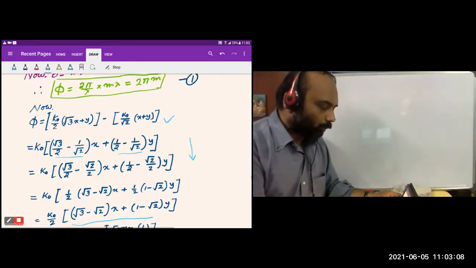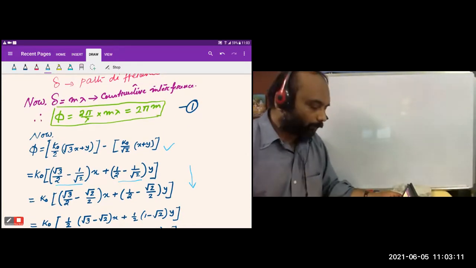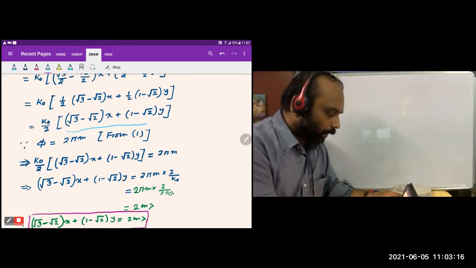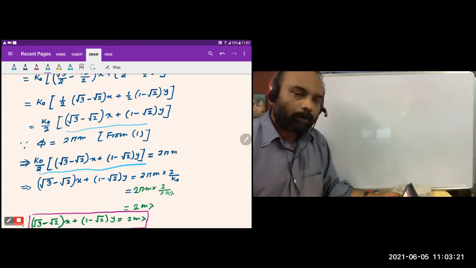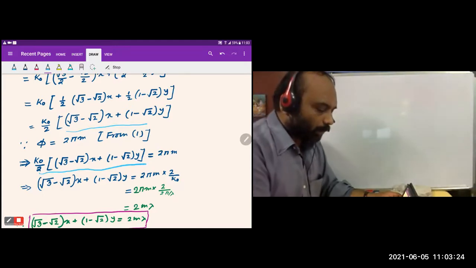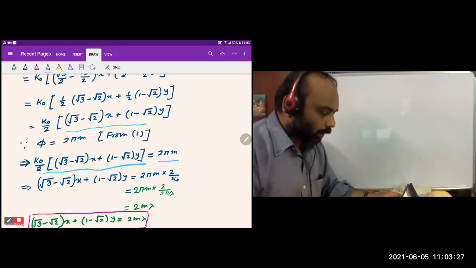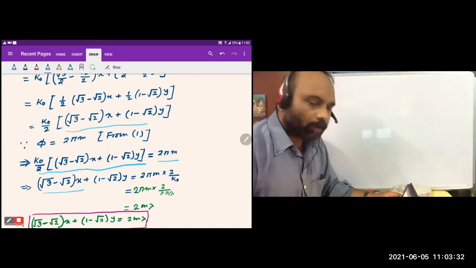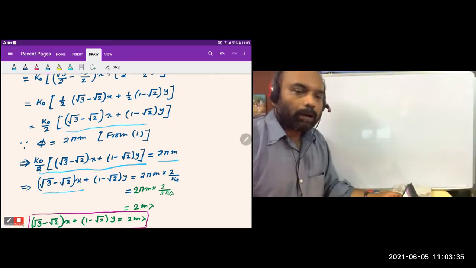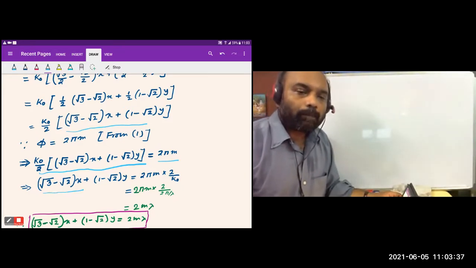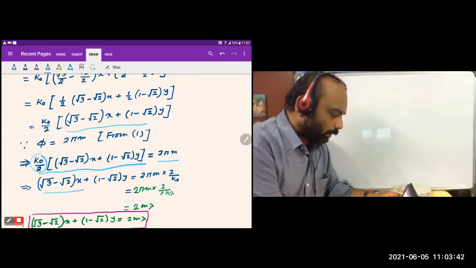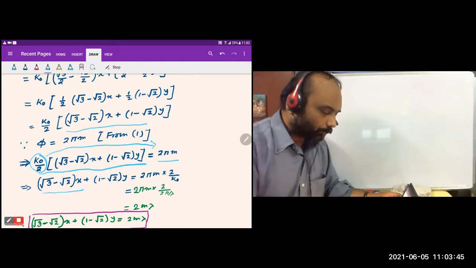From condition 1, which is phi equal to 2 pi m, we can write this value: k0 by 2 times root 3 minus root 2 x plus 1 minus root 2 y is equal to 2 pi m. Therefore, root 3 minus root 2 x plus 1 minus root 2 y is equal to 2 pi m times 2 by k naught, because k naught from the left hand side is taken over to the right hand side.